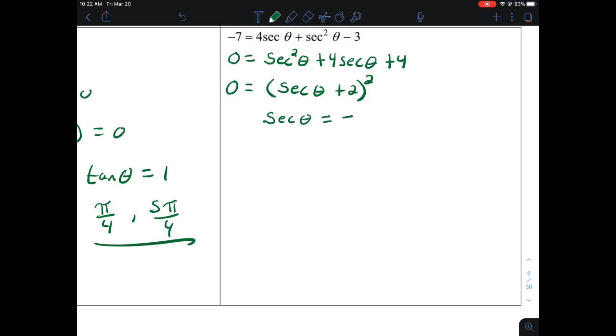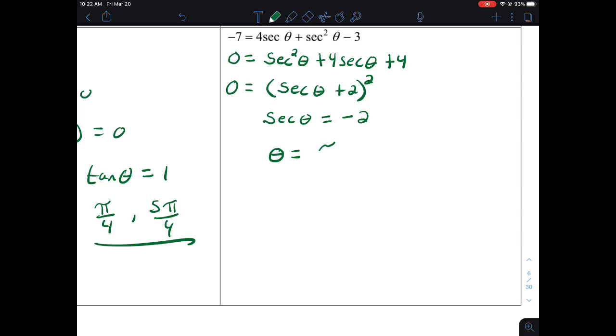Where does secant equal negative 2? Well, secant is the reciprocal of cosine. So when I'm doing this, I'm asking myself, all right, well, to make negative 2, I had to do the reciprocal of negative 1/2. So where does cosine equal negative 1/2? Cosine being the x value, that would be quadrants 2 and 3 on my unit circle, and cosine equals the halves on the pi over 3's.